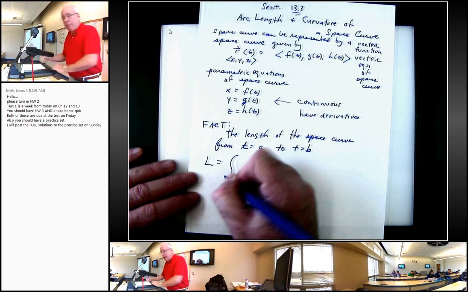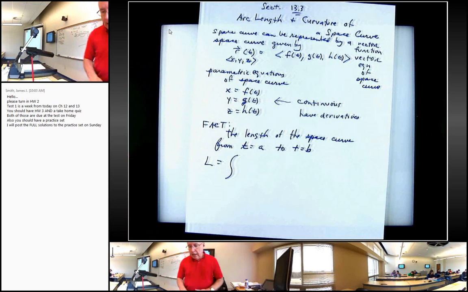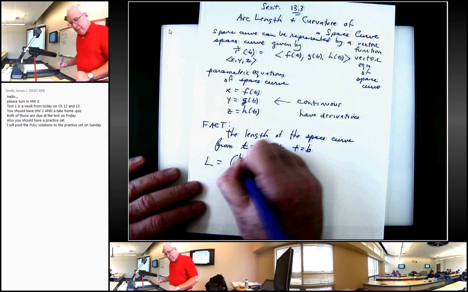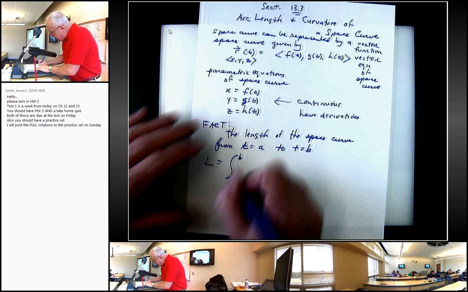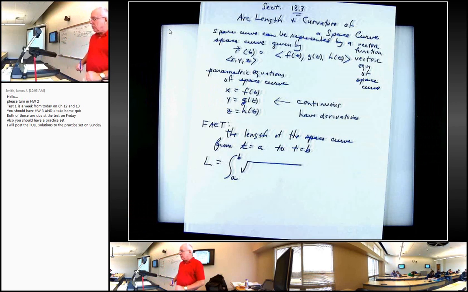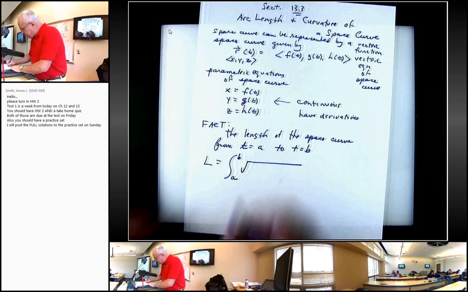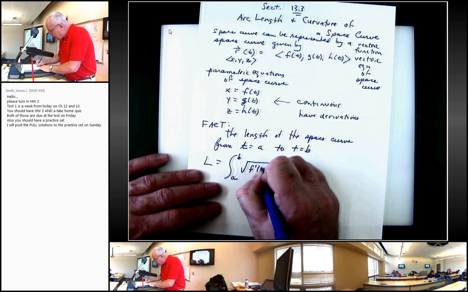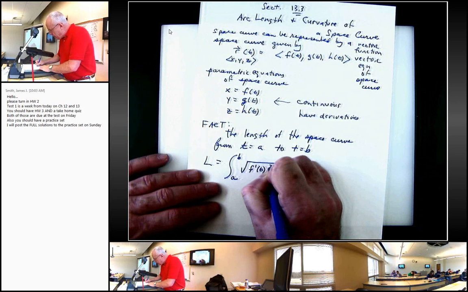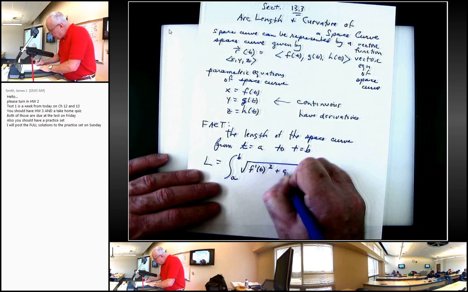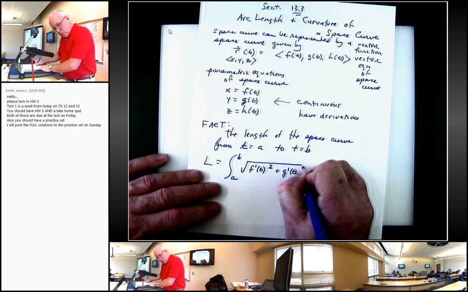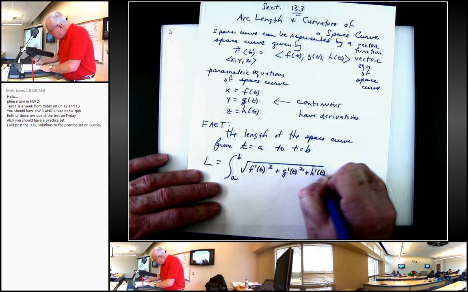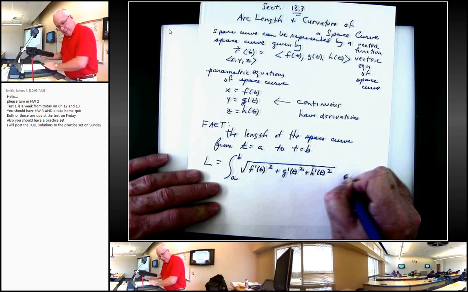We'll call it capital L, and it's equal to the integral from a to b of the square root of the sum of the squares of the derivatives. The square root of f prime of t squared plus g prime of t squared plus h prime of t squared dt.